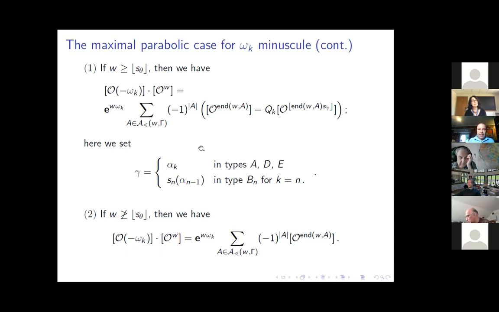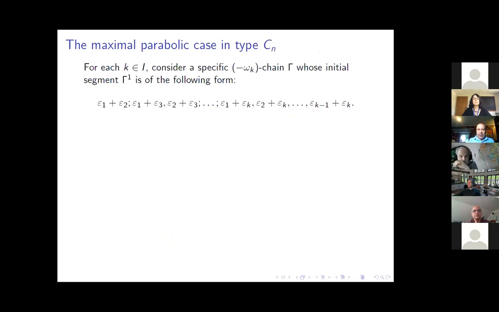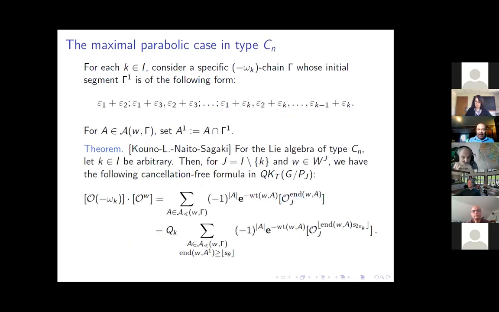So you have these longer formula or shorter formula. Here in the bottom more terms canceled out, and here these terms are left, so they don't cancel out. Finally, in type C, you can give a similar formula.